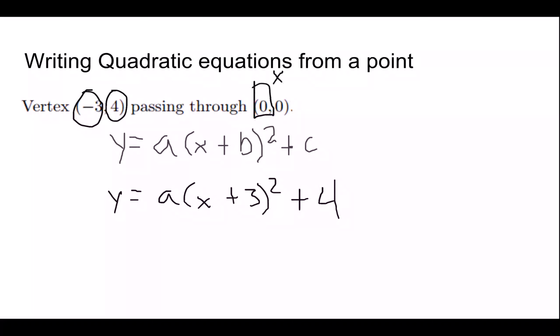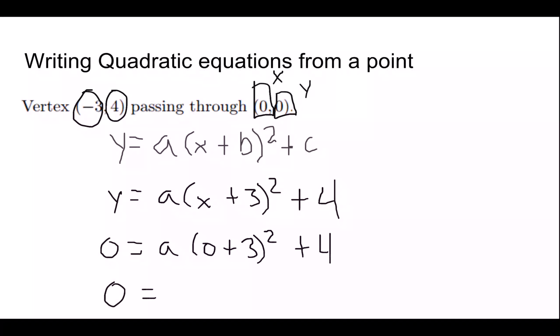Now I know that's going to be my x, and this is going to be my y, and I'm going to plug that in. So I'm going to have 0 equals a times (0 + 3) squared plus 4. And we're going to go through again and solve this.